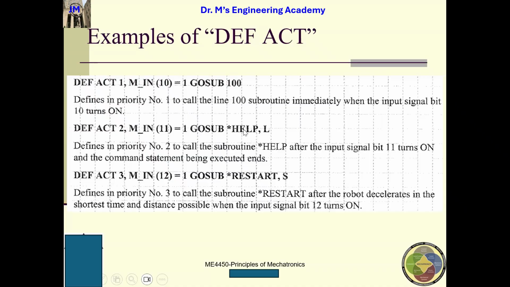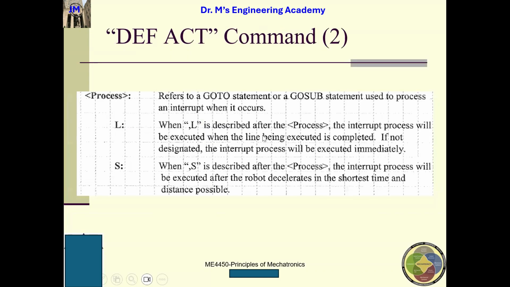Whenever you have a label, you should put this star sign here, and then go to the L here. So what is L? L is described after the process. The interrupt process will be executed when the line being executed is completed.